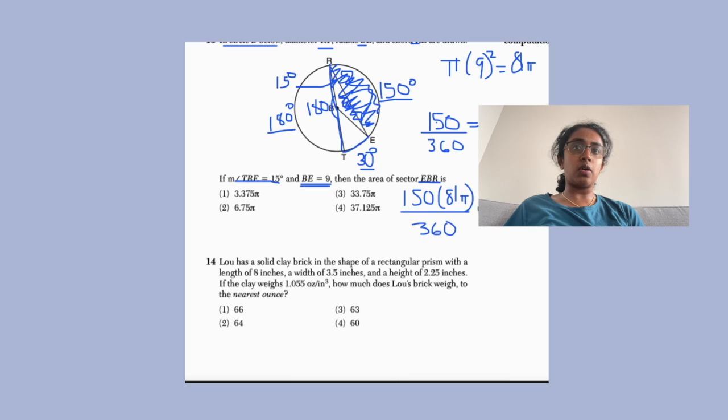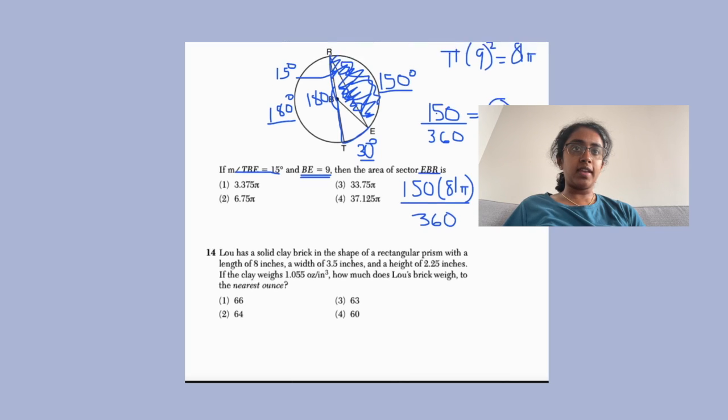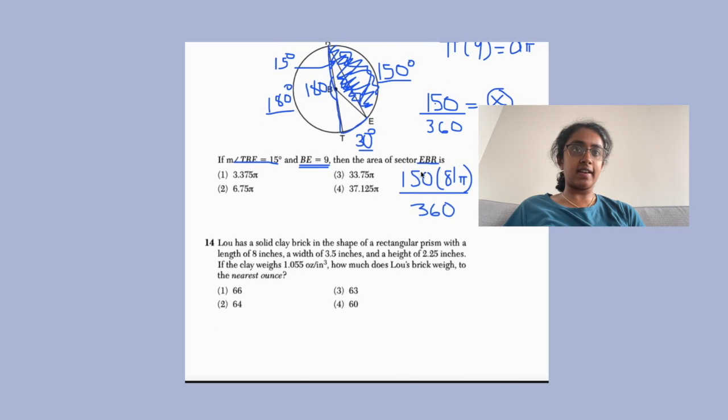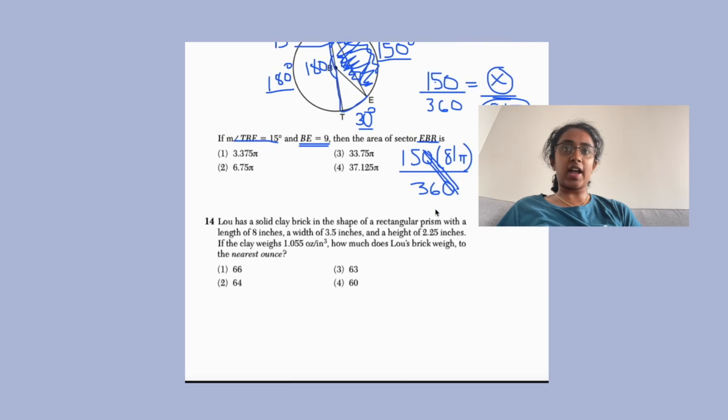Okay, now we can do a whole lot of simplifying here. We can get rid of the zeros because we're just dividing by 10. 15 and 36 are both divisible by 3. So 3 times 5 is 15. 3 times 12 is 36. And then you multiply, and then you have 81 pi right here. 12 and 81 are both divisible by 3.